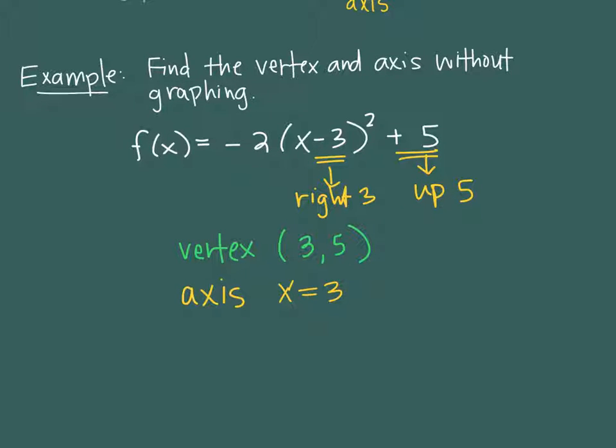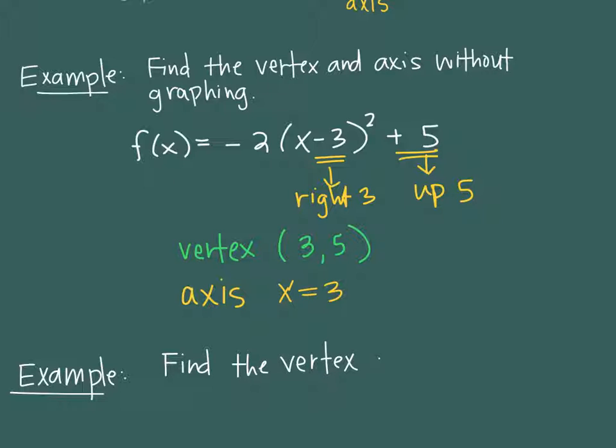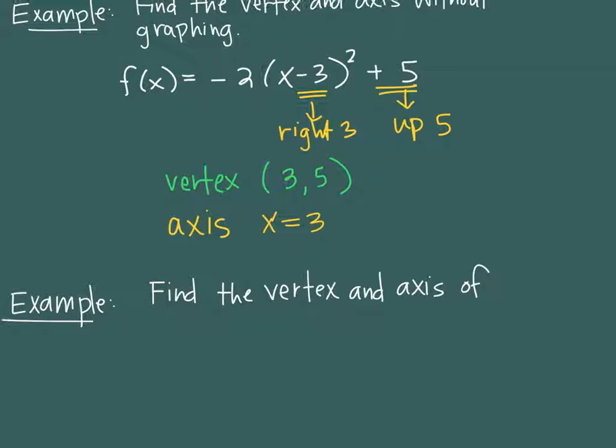Okay, but now I got to throw a little twist at you. Okay, now find the vertex and axis of this question. Okay, so the next one is g of x equals 3x squared plus 5x minus 8.